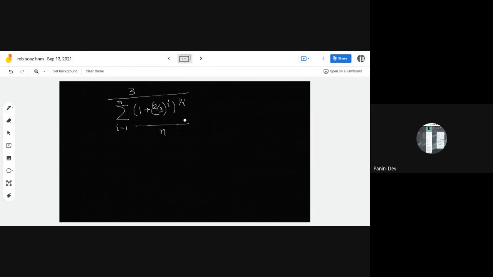Now, by Cesaro's theorem, if you take the limit as n tends to infinity, this will become 1.